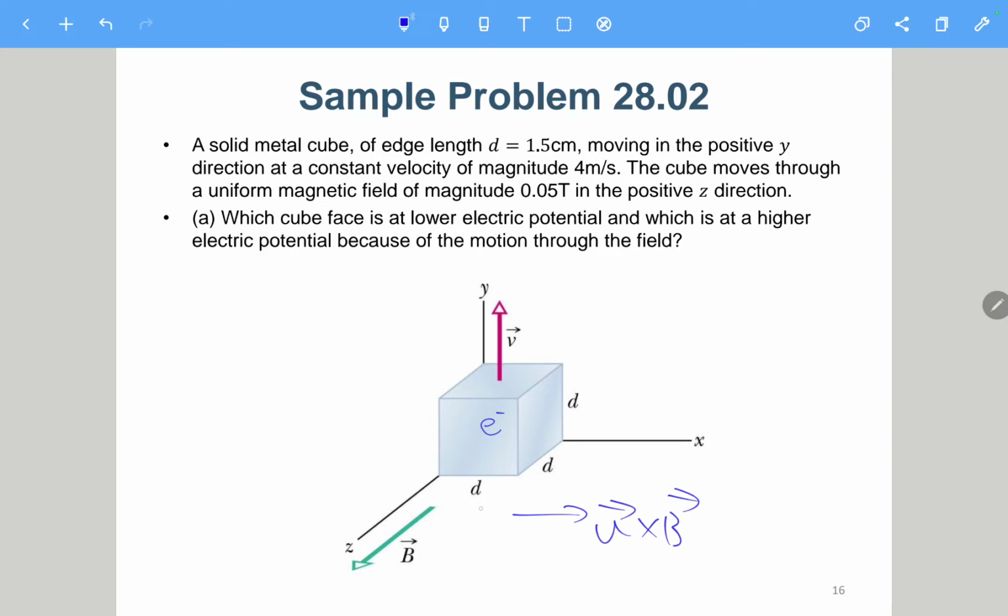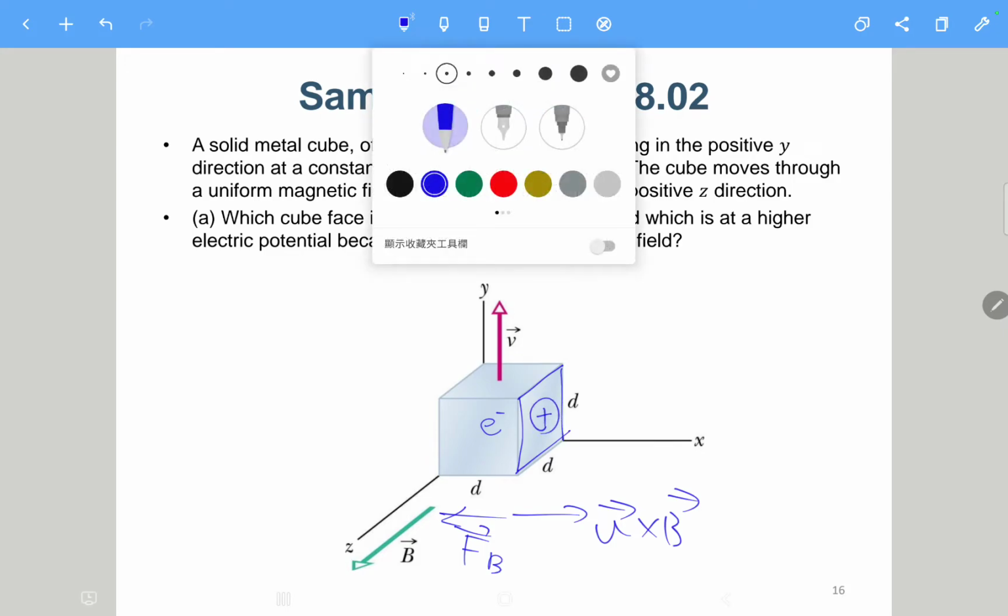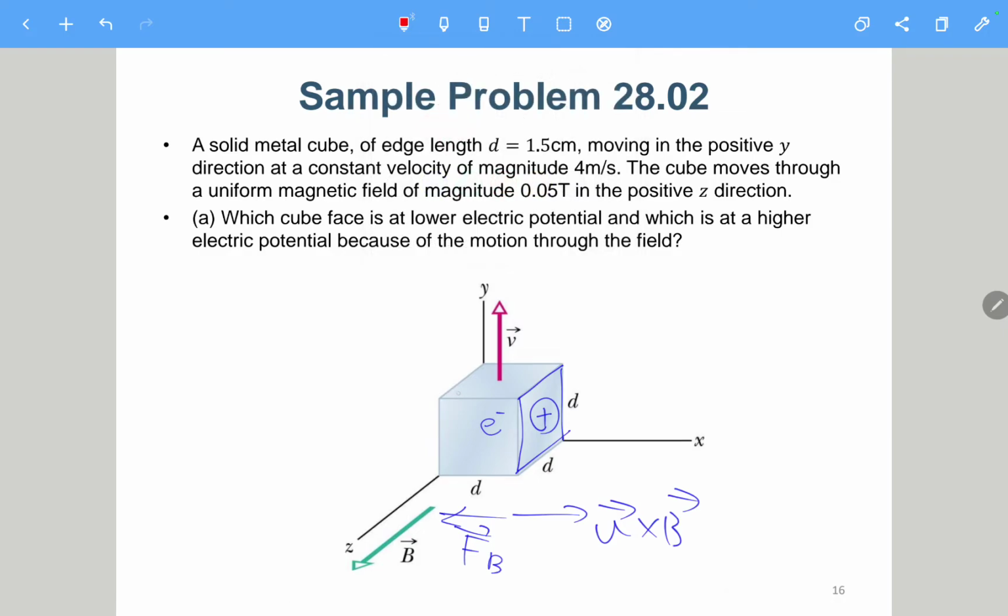In that case, F_B, the Lorentz force, should point to the left side because it is a negative charge. So we should have this side as positive charge, and the other side, this side, should be negative charge. So this is the answer to question A.